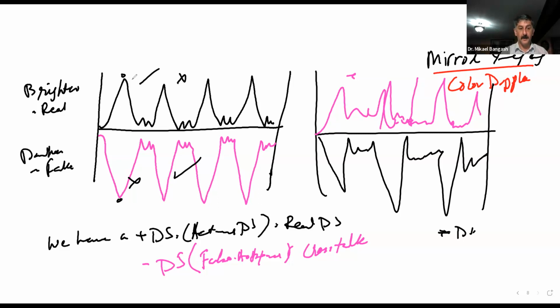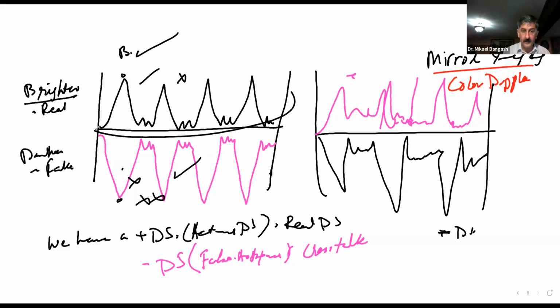But to determine which of these two is the real one and which is the fake one, we have to compare this against this. If the graph of your positive Doppler shift appears brighter than the graph of your negative Doppler shift, you say that since this one is brighter, it is the right one. And since this one appears slightly darker, that makes it the fake one.